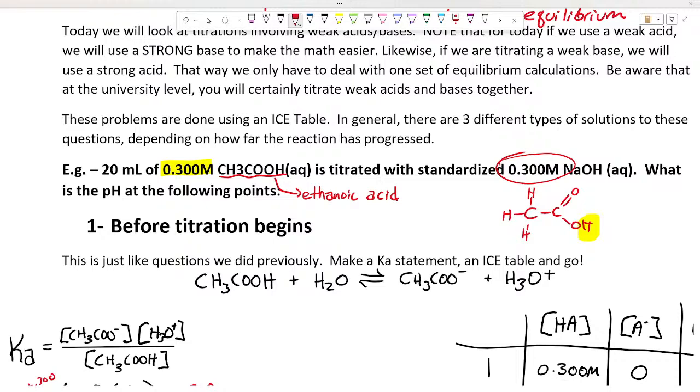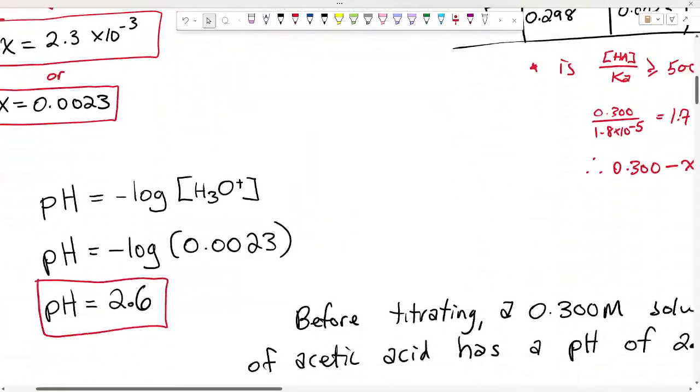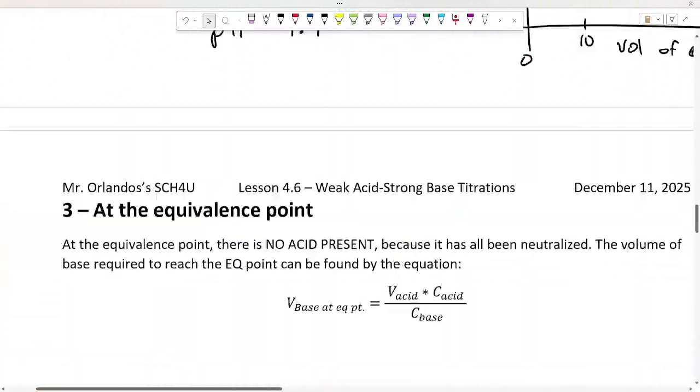How much base do I need to add to neutralize all 20 mils of our 0.300 molar acid? 20 mils. Does that make sense? Can we all see that? In this one, it's easy because I made the concentrations the same. They won't always be the same, but in this case, they're the same. The equivalence point of this titration will be 20 mils. All right, does that feel okay? So let's look here. That's going to be our next point.